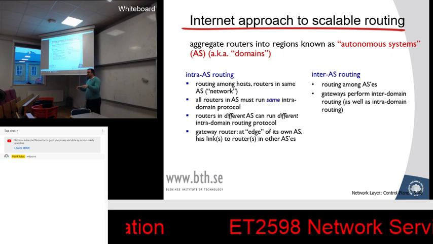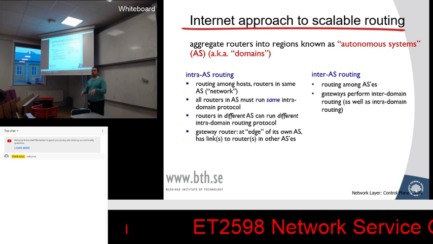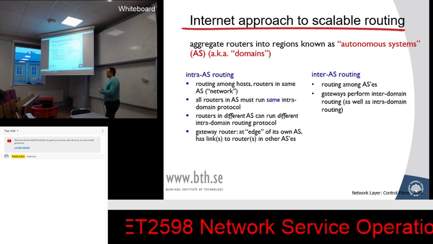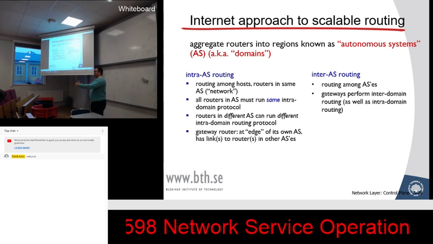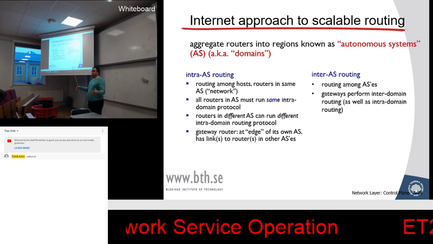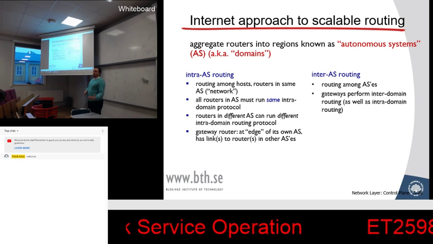However, on the internet scale, the internet is a network of networks. So within my network, I can run my protocol. In yours, you run your protocol. But in between our networks, we need to have some kind of agreement.